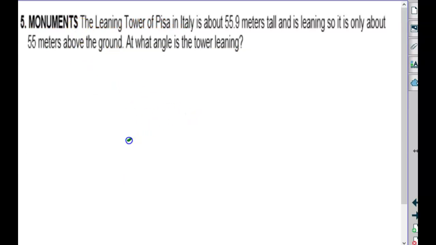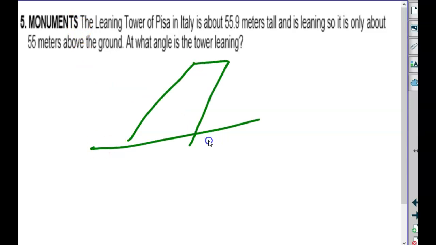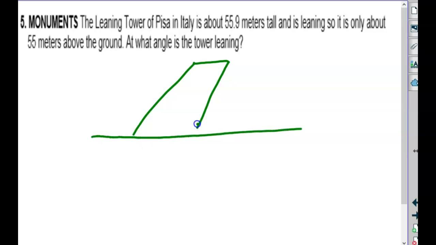So the Leaning Tower of Pisa, okay, I doubt it leans quite that much. What do you think? But anyway, oh my gosh, the ground isn't even straight. Let me try that again. Okay, the Leaning Tower of Pisa is about 55.9 meters tall and is leaning so that it's only about 55 meters above the ground.